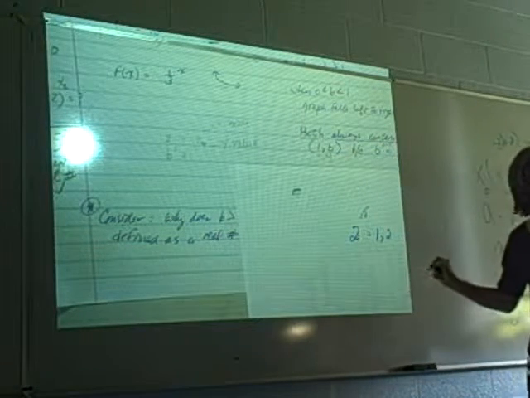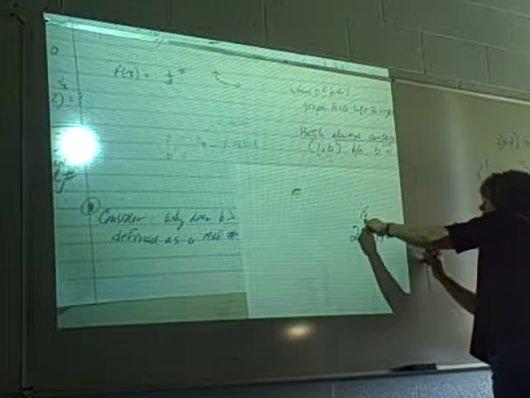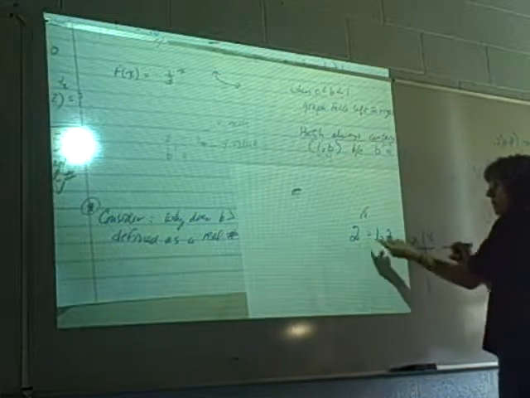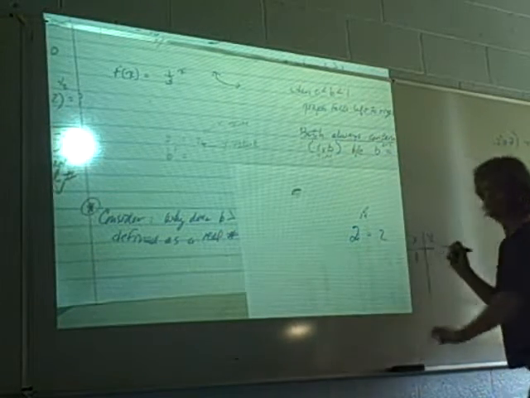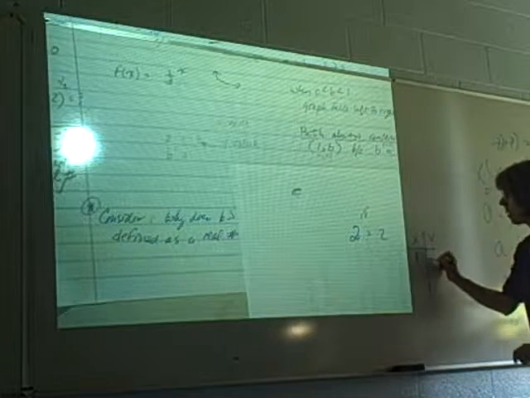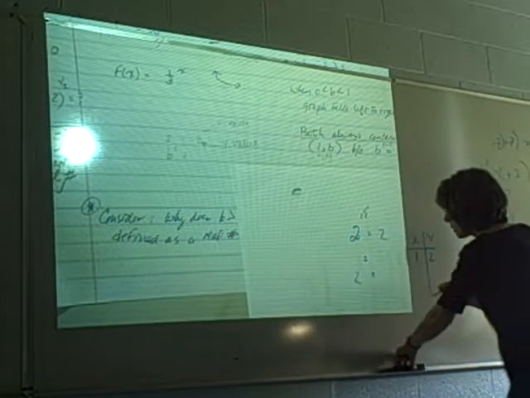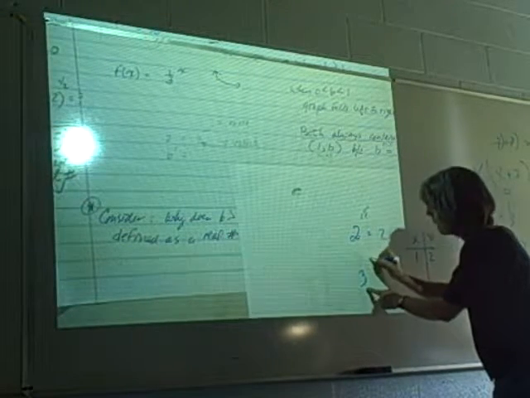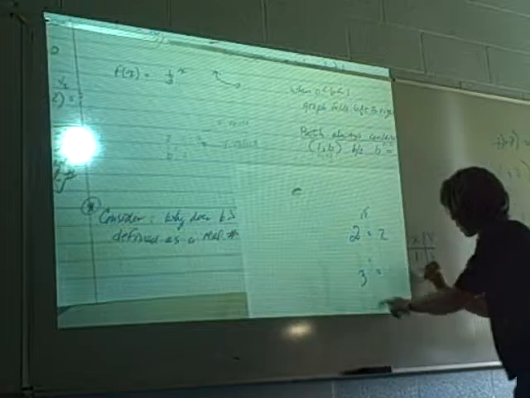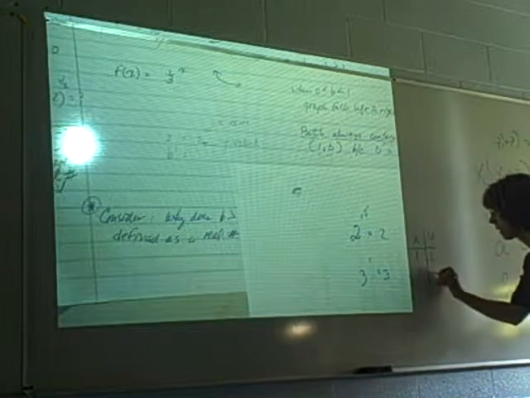And so when I graph it, when x is 1, what does that value represent? 2. When my base is 3 and my x is 1, what is this equal to? 3.